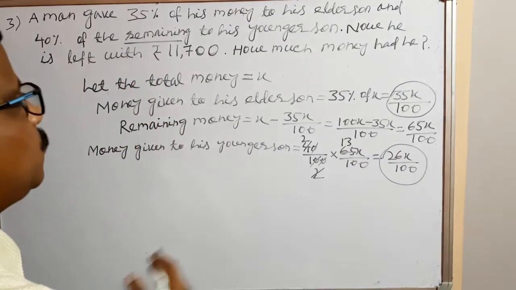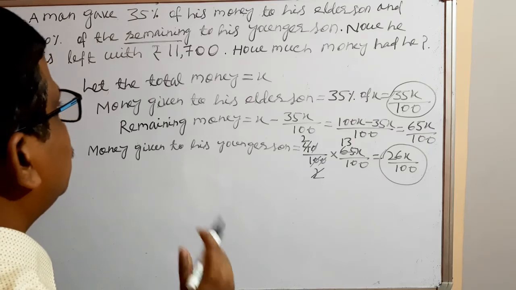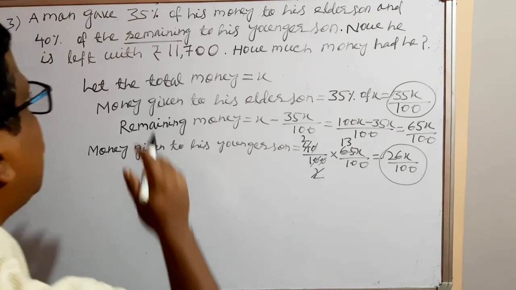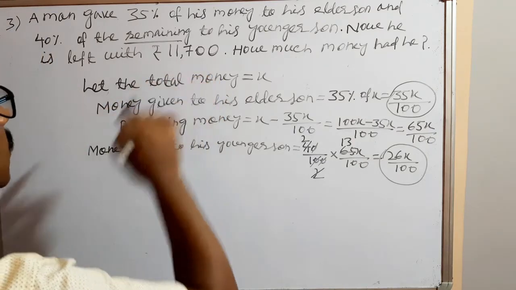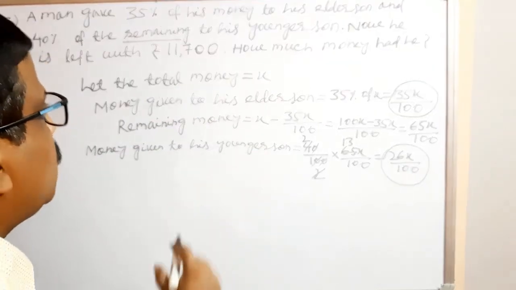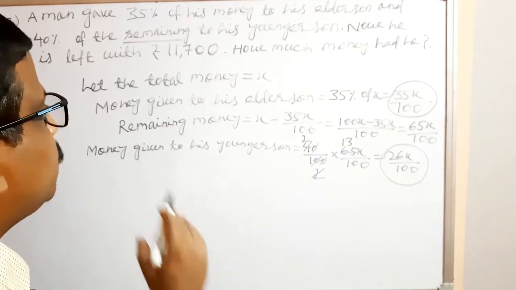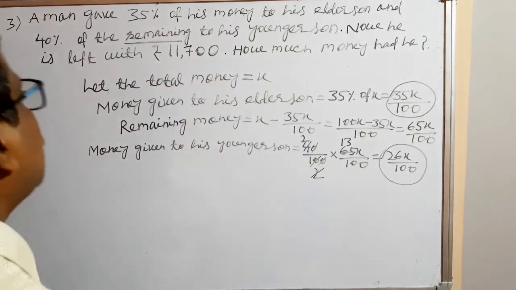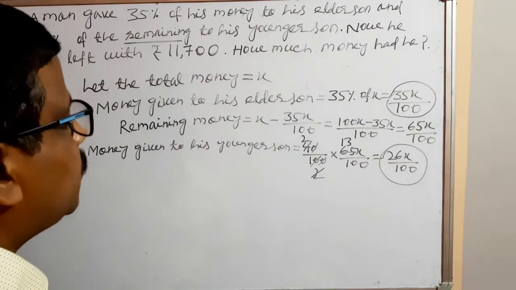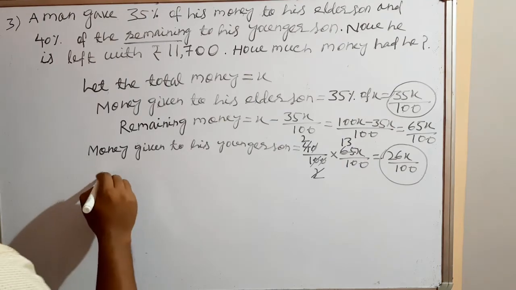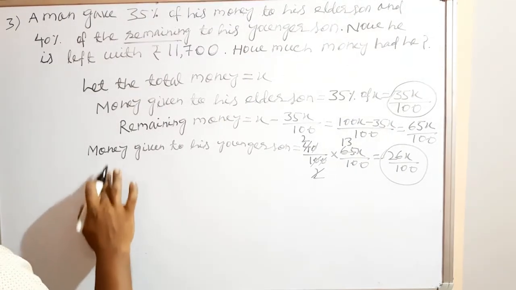So the money given to the elder son is 35x by 100, and the money given to the younger son is 26x by 100, out of the total money. But in the question, the money left with him is 11,700. So we first have to find the money left with him, then compare it with 11,700.